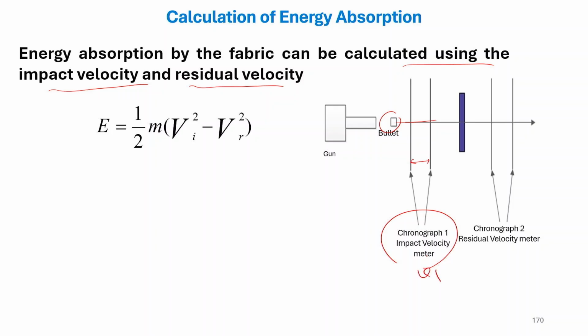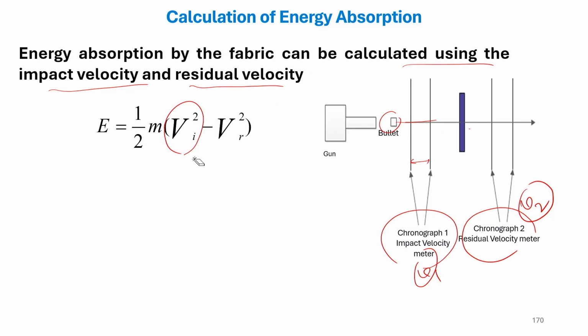Here the speed V1 is calculated by chronograph 1, and after penetration, chronograph 2 will measure the speed of the bullet. So, that is V2, and this difference in speed is due to the energy absorption.